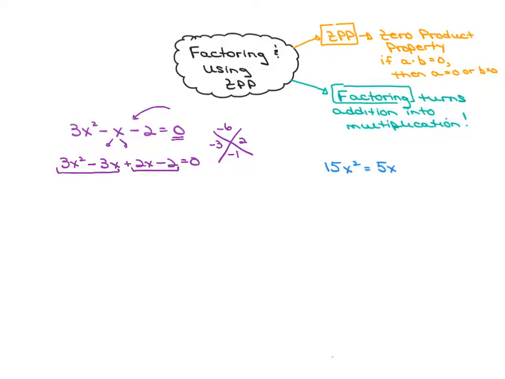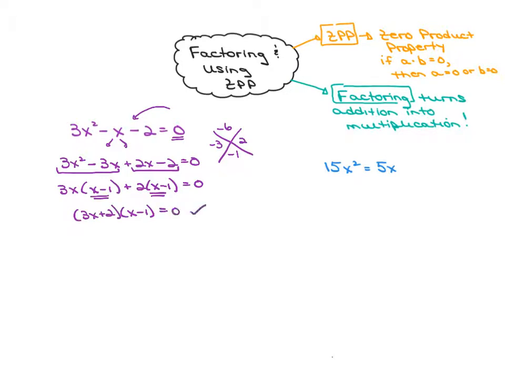The GCF of my first pair is 3x, and I'm left with x minus 1. My GCF of the second group is 2, and I'm also left with x minus 1. And that means the factoring by grouping works because I have this GCF of x minus 1 that I can factor out, and I'm left with 3x plus 2.